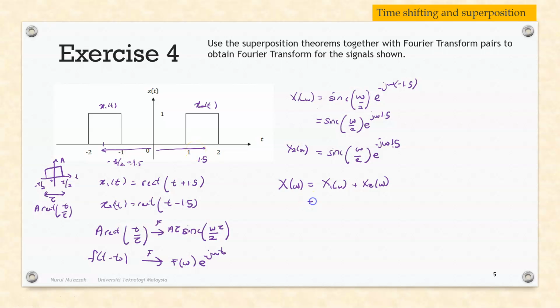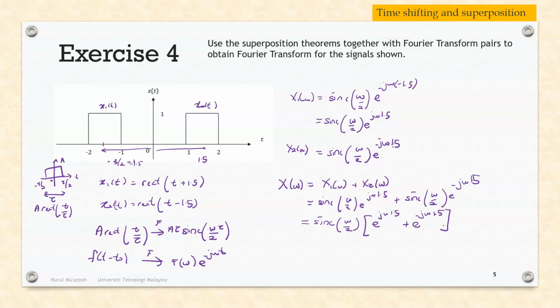So this one is sinc(omega over 2) exponent j omega 1.5 plus sinc(omega over 2) exponent negative j omega 1.5. So from here you can take out the sinc(omega divided by 2), and this one will become exponent j omega 1.5 plus exponent negative j omega 1.5.